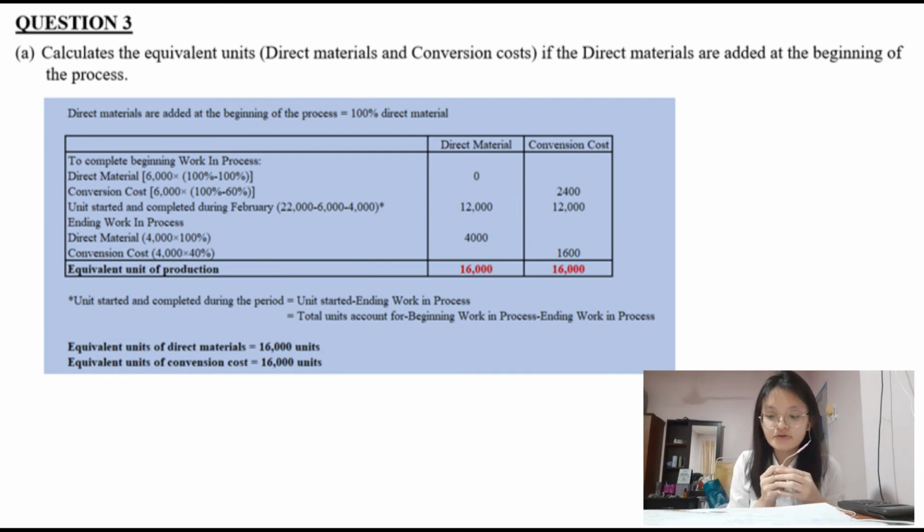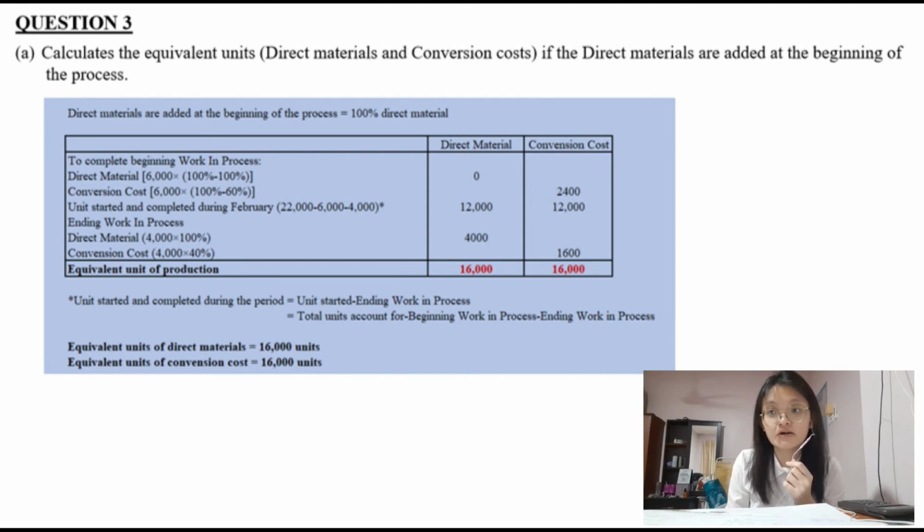As the question already gave the total unit to account for about 22,000 and the beginning work in process is 6,000 units and the ending work in process is 4,000 units. So we just use the 22,000 minus 6,000 and minus the 4,000. So we will get the answer of 12,000 for both the direct material and the conversion cost.